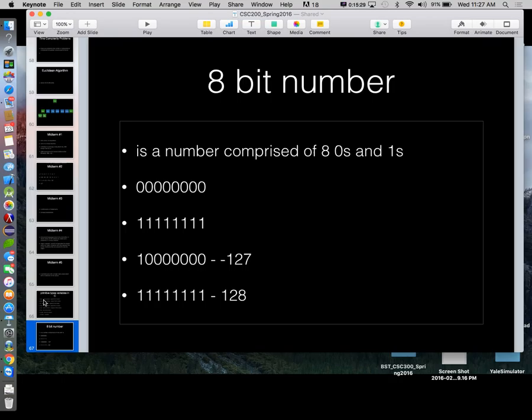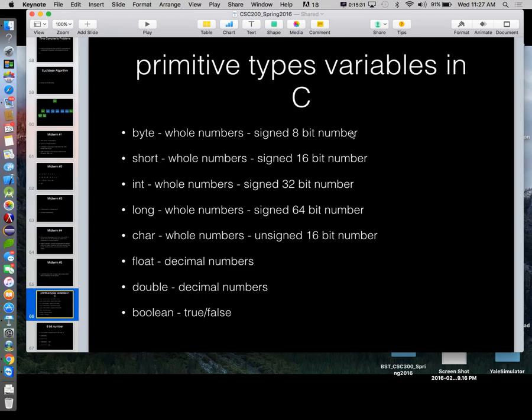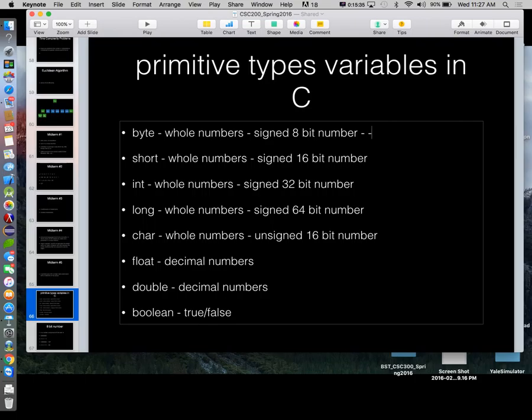All right, so if we come back to this map here, a signed 8-bit number is negative 127 to positive 128. That's the range of values that fit inside of a byte. Let me just put that in parentheses so it's a little cleaner. This is plus or minus.